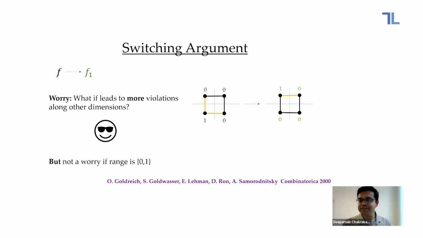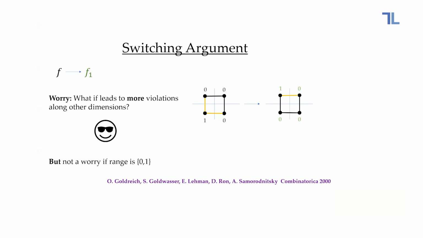Yes, because I wanted this property that when I fix across some dimension, I don't increase the number of violations across any other dimension. So this is one way to do it. I see. So it's not true for that kind of an edit. It's hard to say that without knowing what exactly the edit is. Okay.